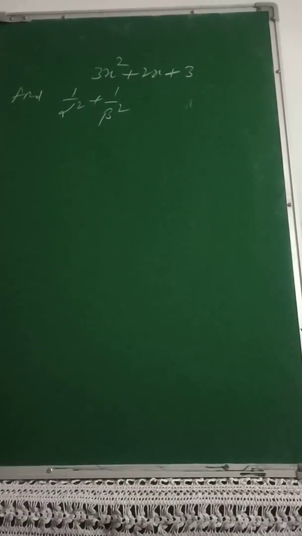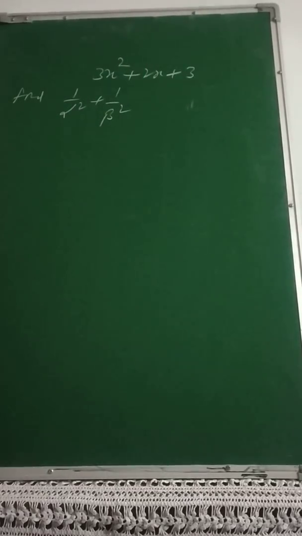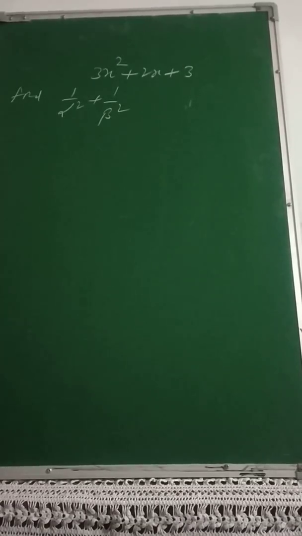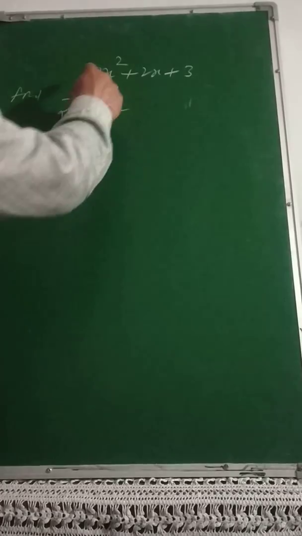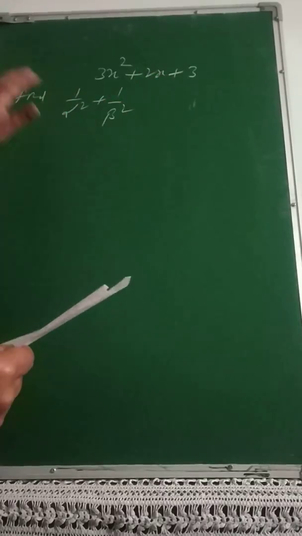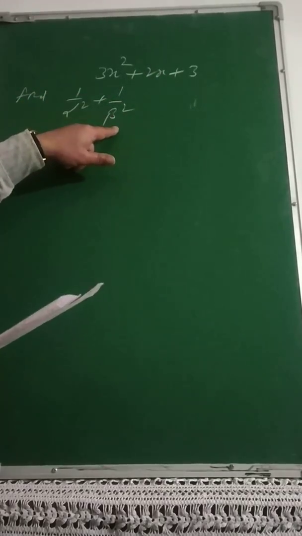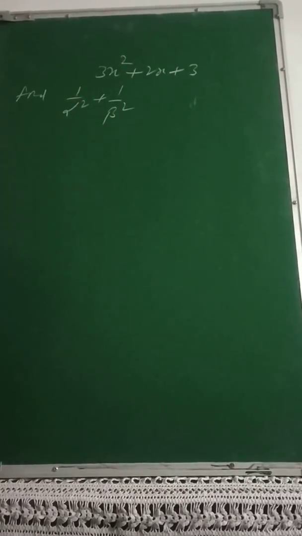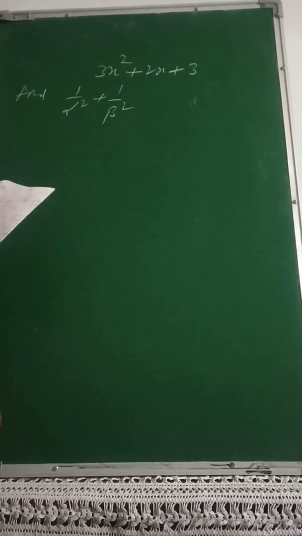So you have to determine the value of 1 upon alpha square plus 1 upon beta square here. One solution directly which you can go for is, you can split the middle term if possible, or easier, then you get the value of alpha and beta, find the squares, put those values directly here, and you will get the answer. So I am giving you the solution in an alternative way.